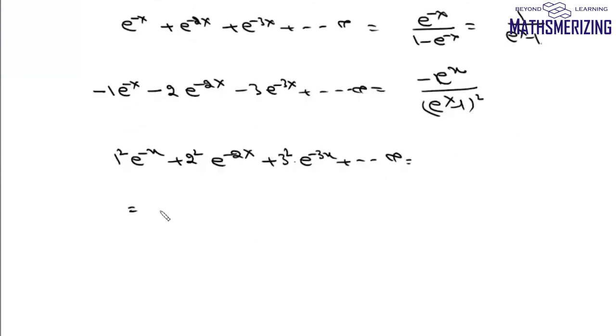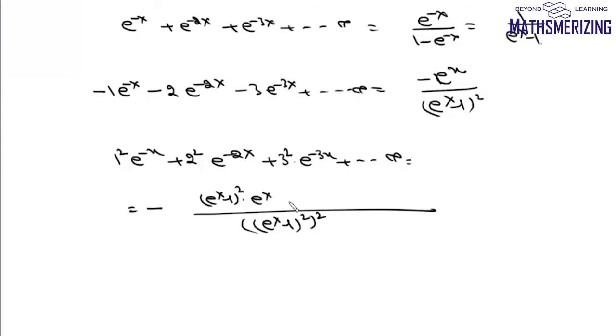We'll write this as minus and then (e to the power x minus 1) whole square to the power 2, and then it'll be (e to the power x minus 1) whole square into e to the power x, and then minus e to the power x times 2 into (e to the power x minus 1) into e to the power x.